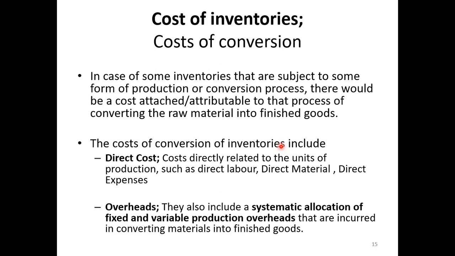Direct cost is directly related to the unit of production, such as direct labor, direct material, direct expenses, so it can be easily traced throughout the production process. Overheads include a systematic allocation of fixed and variable production overheads incurred in converting raw material into finished goods.